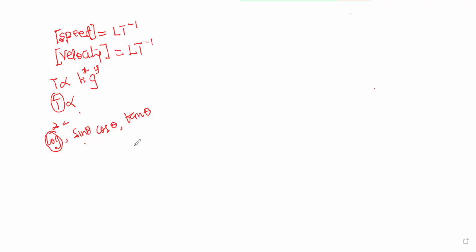So if the equation between physical quantities is either a logarithmic or trigonometric equation, we cannot apply dimensional analysis to them. So these are the 4 main limitations of dimensional analysis. If you are asked about limitations of dimensional analysis, ladies and gentlemen, these are the 4 main limitations.